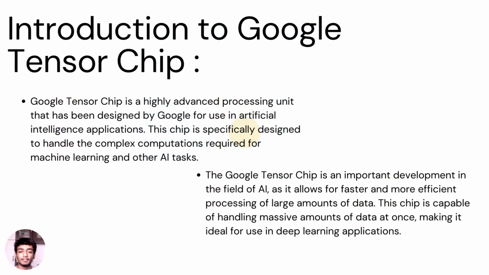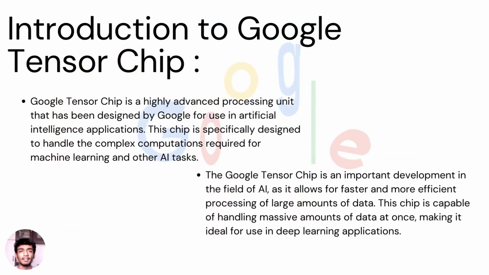The Google Tensor chip is an important development in the field of AI as it allows for faster and more efficient processing of large amounts of data. This chip is capable of handling massive amounts of data at once. That is because this chip uses ARM. ARM stands for Advanced RISC Machine, which we'll see further in the presentation.